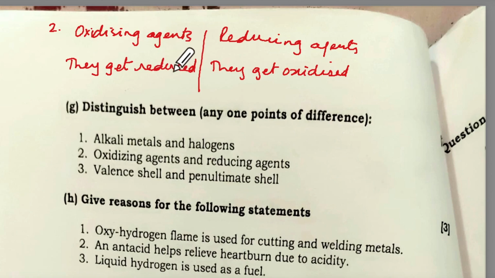So when they gain electrons, they make another element lose electron, so that one gets oxidized. If something gets oxidized, it's losing electron, and it supplies that electron to another one, making it gain it, which means getting it reduced. Did you understand?